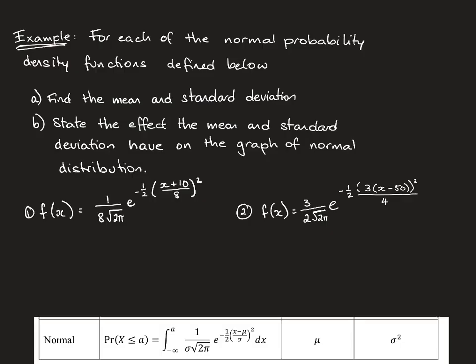So finally, I want to have a go at a question that asks you to look at the formula for the probability density function, identify the mean and the standard deviation, and then describe the effects that the mean and the standard deviation have on the graph. So it's asking for the transformations.